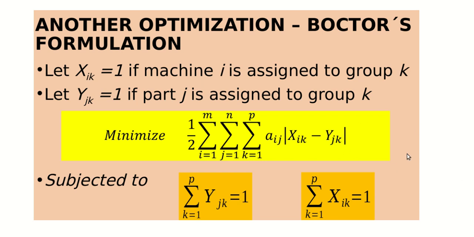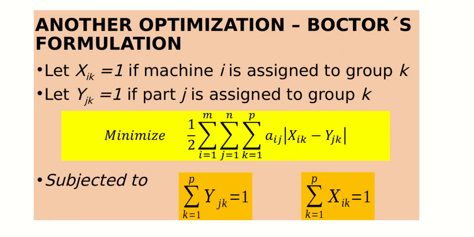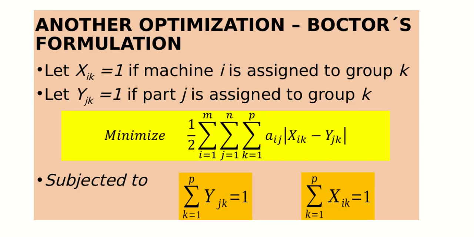Okay. So let's try to apply this formulation for our matrix, for this specific problem of a matrix of 6 times A. So let's try to expand this. If we apply this into this matrix, how many variables do we have?